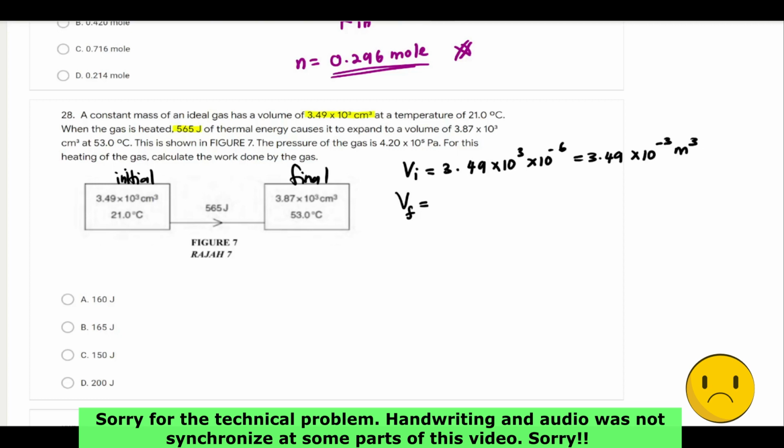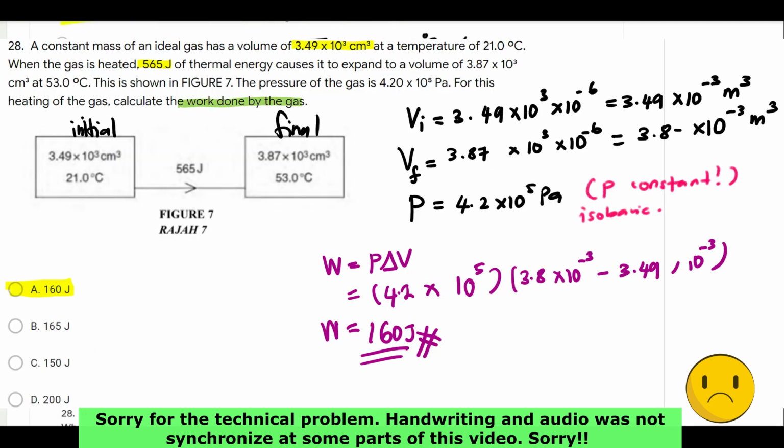But you need to change V initial. That one is 3.49 exponent 3 times 10 power of negative 6 meter cube, so it becomes 3.49 times 10 power of negative 3 meter cube. And V final, it will be 3.87 times 10 power of 3 times 10 power of negative 6 meter cube.